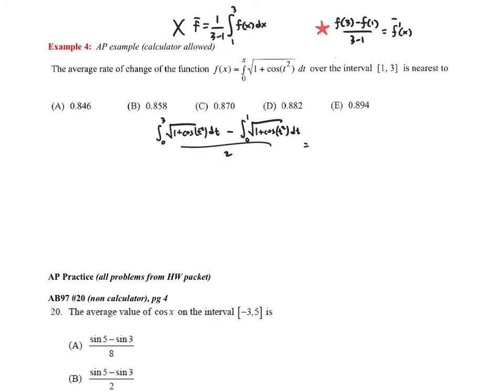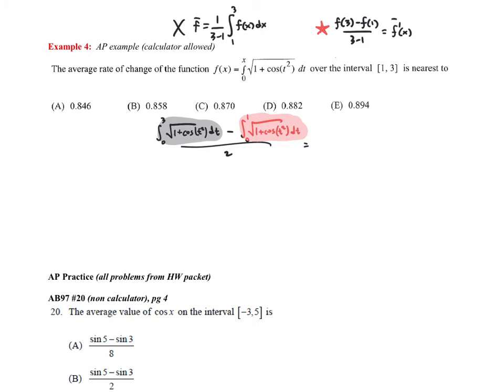So this will be the average rate of change of the function. Okay, so I've got to use my calculator clearly. I'm not going to try to do this with your traditional FTC part 1 methods. Okay, so I'm going to find those values using my calculator, and then we'll look at the answer.